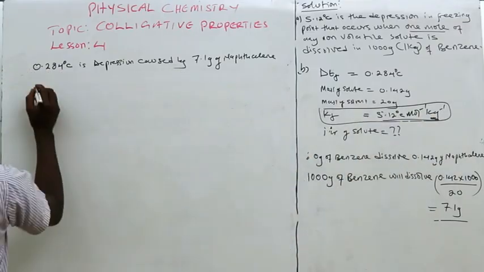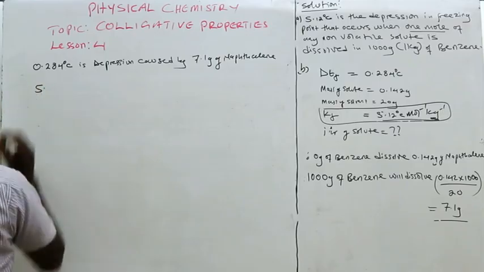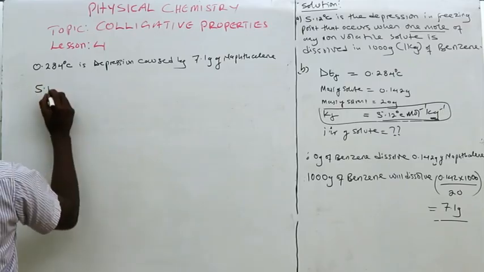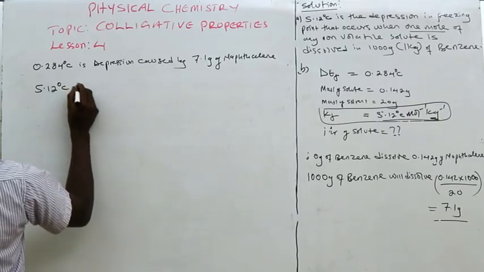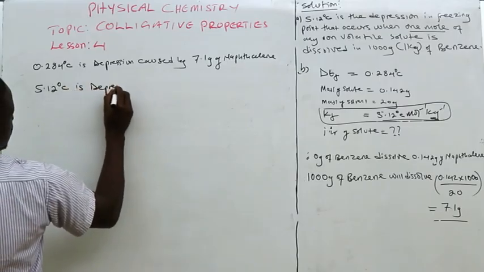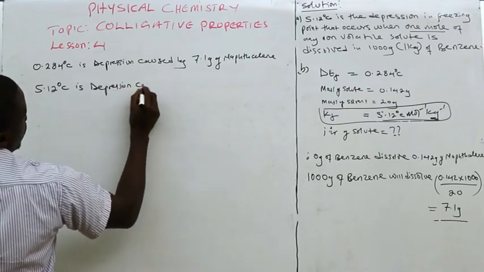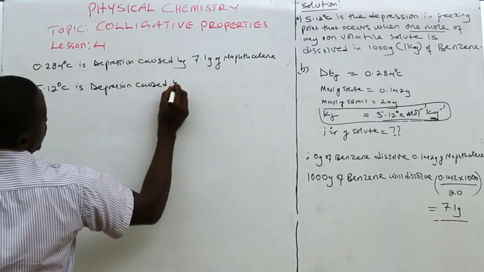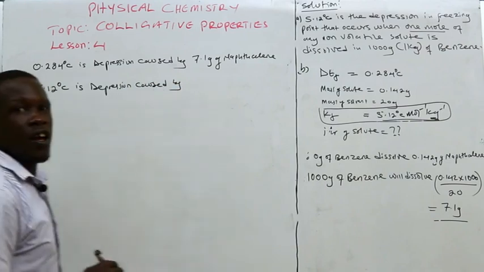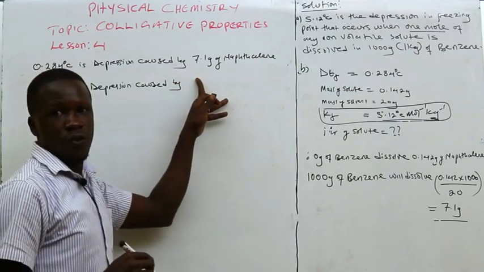So I will say 5.12 degrees Celsius is the depression caused by 1 mole of naphthalene.